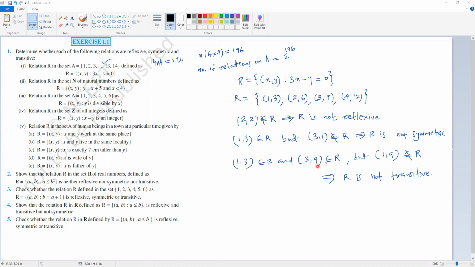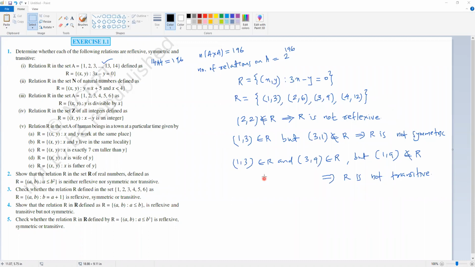अभी तीसरे पॉइंट में एक चीज मुझे आपको बताना है. जैसे आपको इधर ऐसे 2 पेयर मिले, 1 related to 3, 3 related to 9. मान लीजिए ऐसे 2 pairs of elements आपको इस सेट में नहीं मिले. देखो (2, 6), then 6 related to something is not there, और (4, 12), 12 is not related to any element, or (3, 9), 9 is not related to any other element.